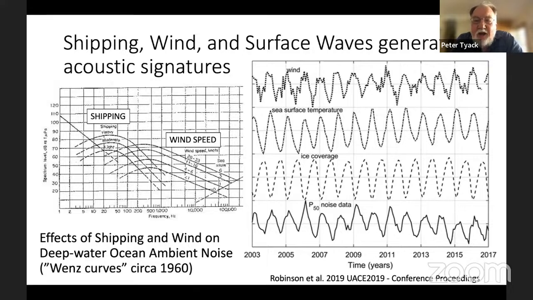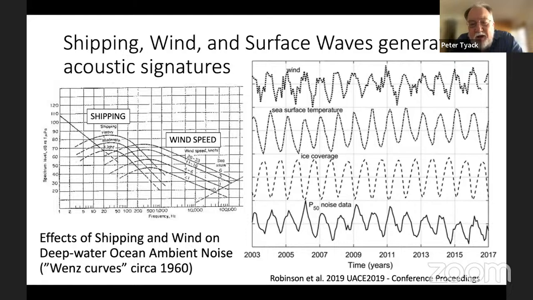But if you look on the right, you can see wind changes in an area of an acoustic recorder on the top, sea surface temperature measured at that site, ice coverage measured near that site, and the median of the noise in a frequency band on the bottom.